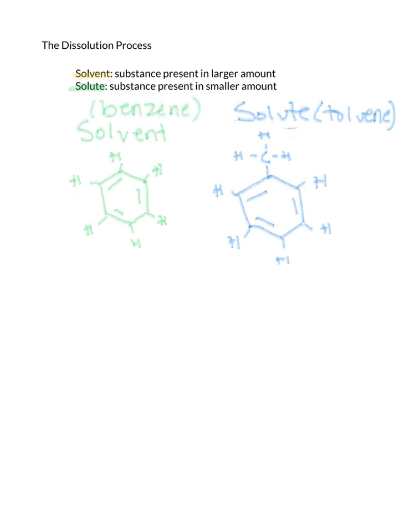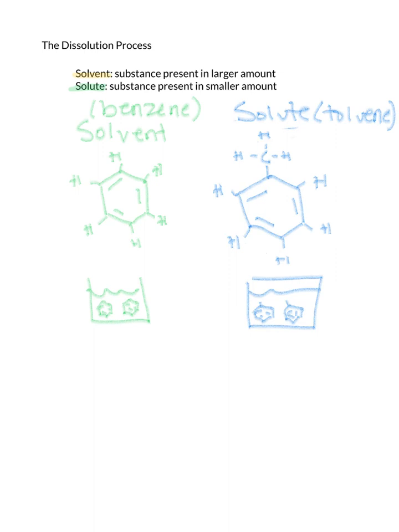These both exist as liquids, and so you could imagine a beaker full of benzene with its little rings. You could also imagine a beaker full of toluene and its little rings with the extra little carbon sticking out. But these are very similar molecules.